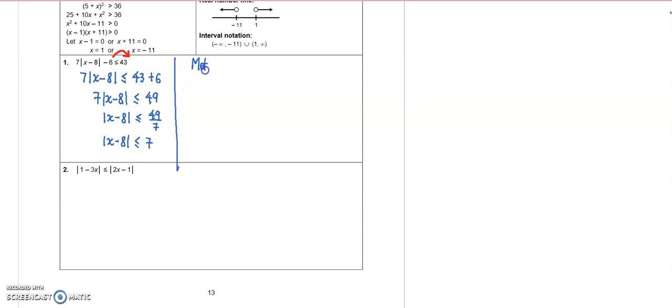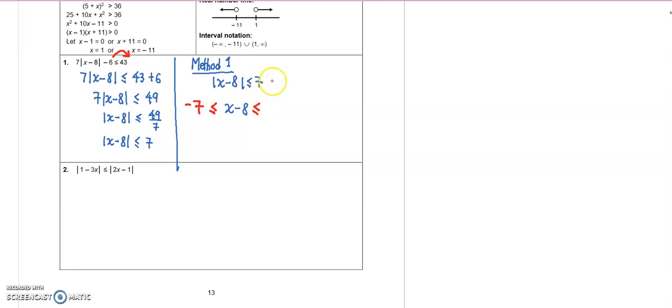For method number 1, you have to remember, if less than, modulus of x minus 8 less than or equals to 7. Sekiranya dia kurang daripada 7, formula dia adalah in between negative 7, then x minus 8, greater or equals to 7.